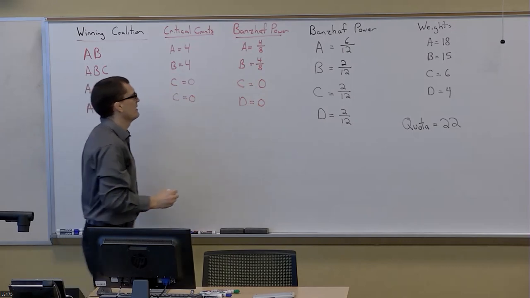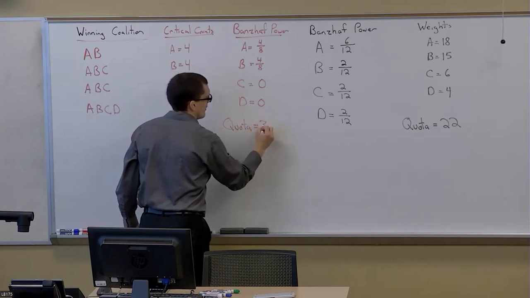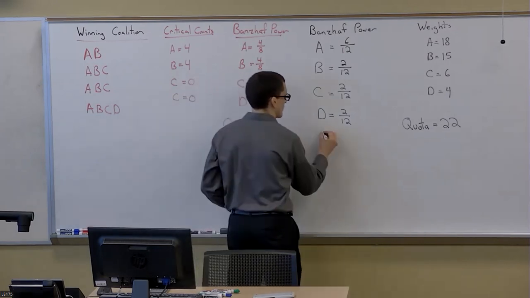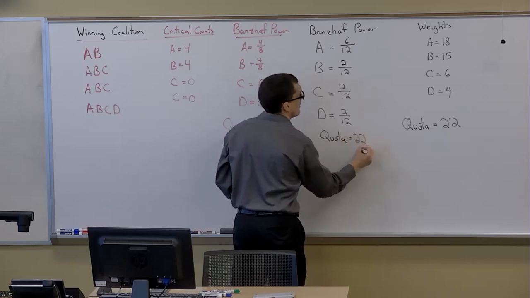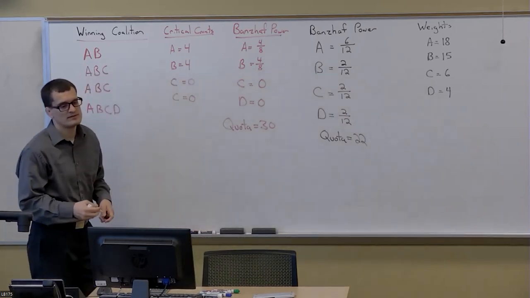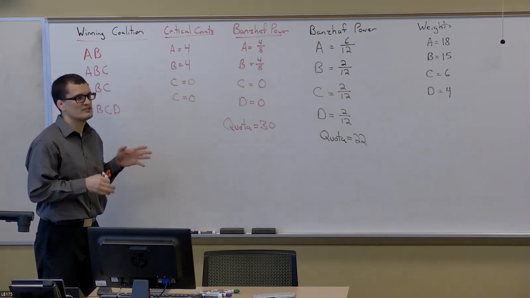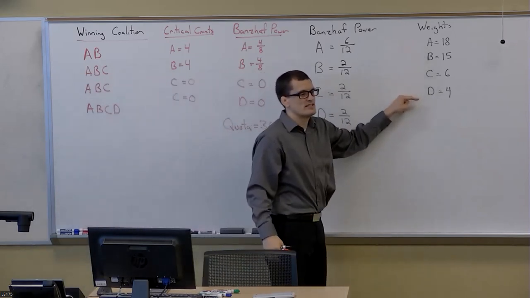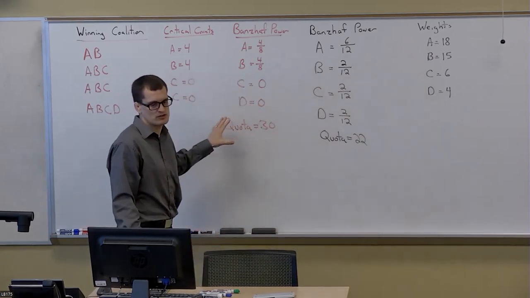That makes sense? That's what happens when the quota was 30. Over here, if you remember, our quota was 22. Now, obviously, the point of this is to show you that even though we had the same weights in both systems, just changing that quota gave us a whole different power structure.